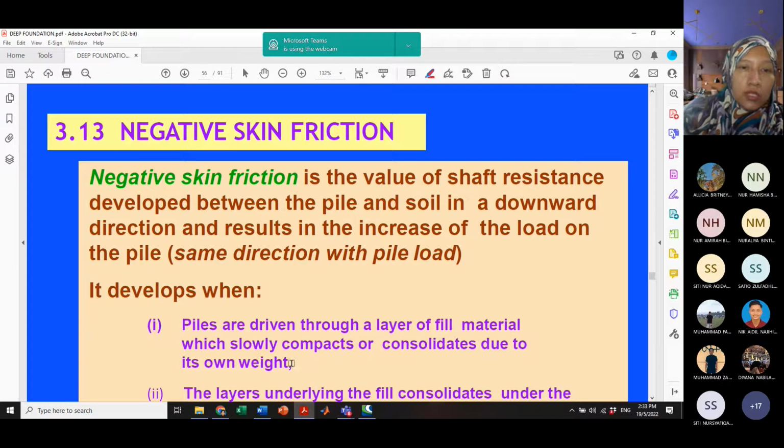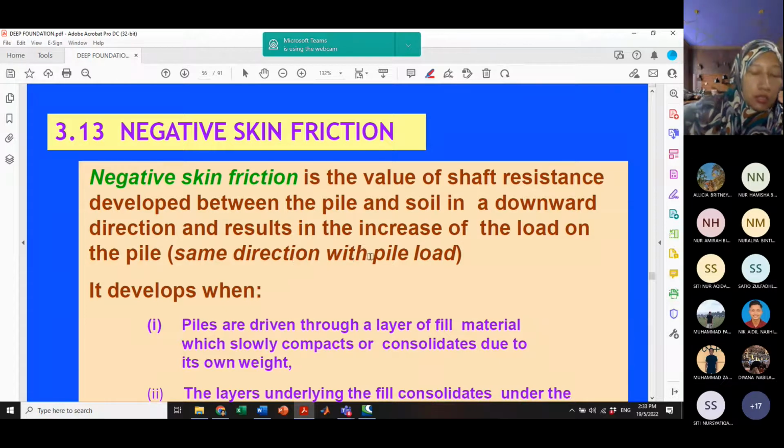But in opposite situations of negative skin frictions, yang mana you akan nampak bila kita penetrate pile downward, so negative skin friction ni akan menghasilkan additional factor in the same direction of the pile penetrations. So apa yang berlaku kat sini, the value of the shaft resistance develop between the pile and soil in a downward direction and results in the increase of the load on the pile.